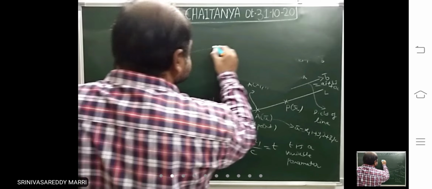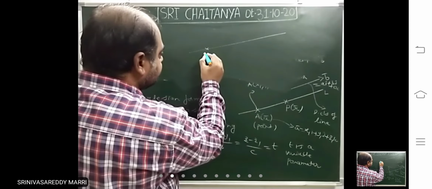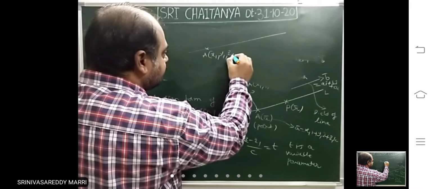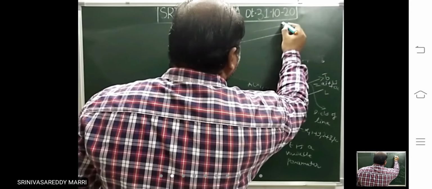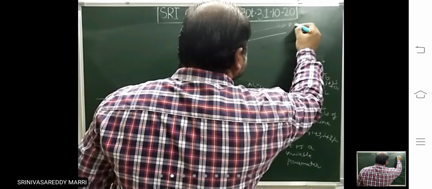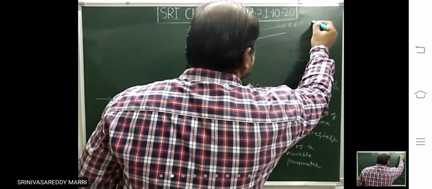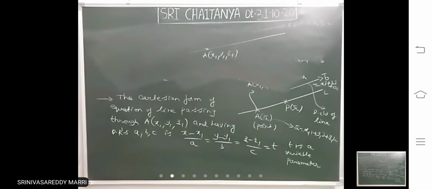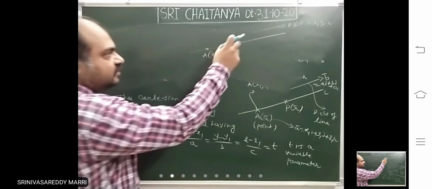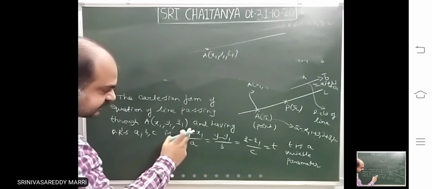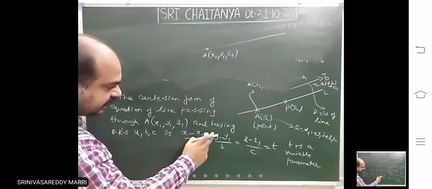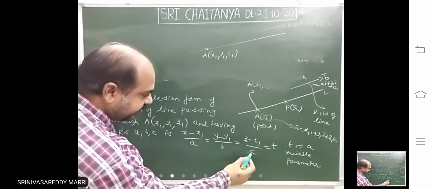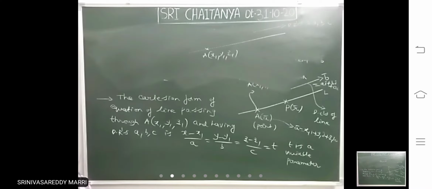Look at the line: if you know the point x1, y1, z1, and the line has DRs a, b, c, then the equation of the line is x minus x1 divided by a equals y minus y1 divided by b equals z minus z1 divided by c. These three are equal to some variable parameter.